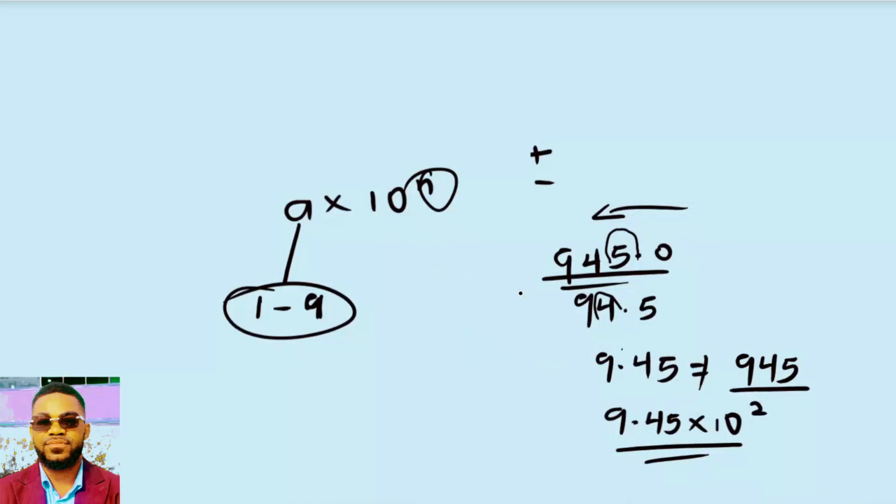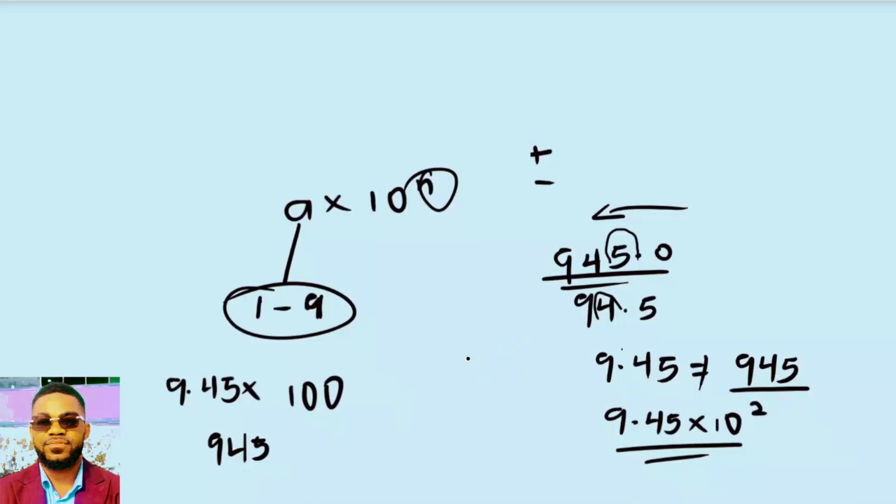And if you want to know why 9.45 times 10 exponent 2 is the same as 945, just multiply this one by this. We have 9.45 times 10 exponent 2. You all know that 10 exponent 2 is 100, that is 10 by 10. And when you multiply 100 by 9.45, you're going to get 945. So it is actually the same as the original number. So nothing has changed. That is how we write numbers in standard form.